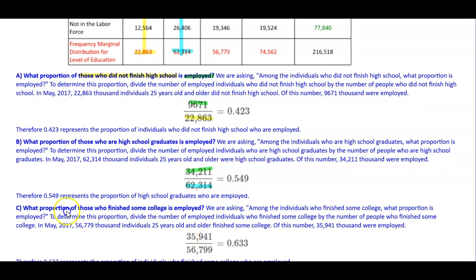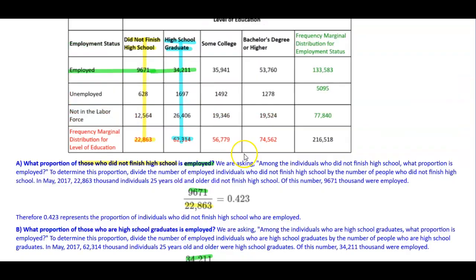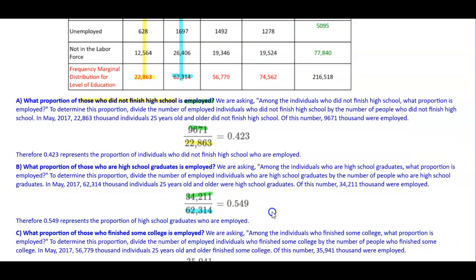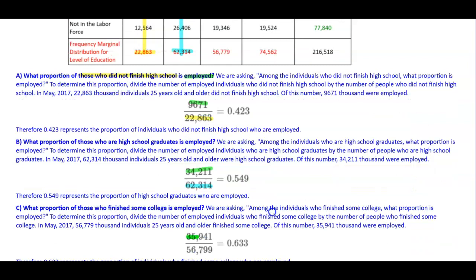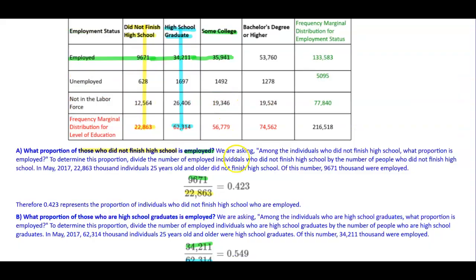Next it says, what proportion of those who finished some college is employed? Again, what is the number of students that are employed that finished some college? We can see here that number is 35,941, so that's our numerator. Then we divide it by the total in that column.